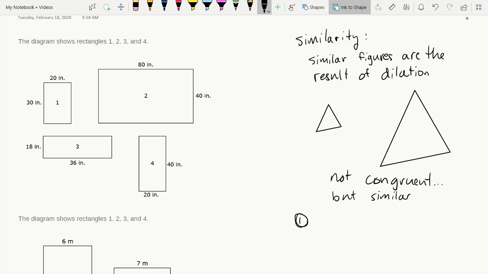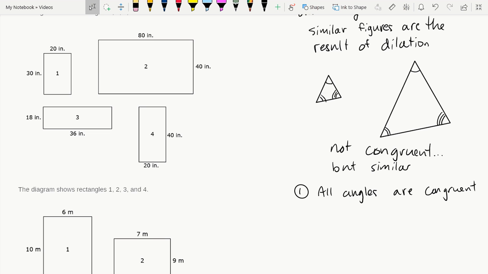The first condition that always has to be true for everything similar is that all angles are congruent. I didn't change any of the angles in these two triangles when I copied and then changed the size. So right now I know that all the angles are congruent. That has to always be the case.